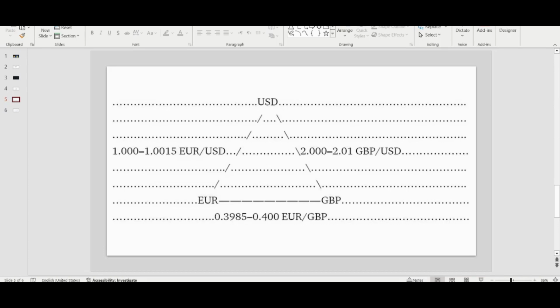So now by buying euros you have 2 euros because a dollar equals a euro. Now we want to buy pounds with 2 euros, which will make 2 divided by 0.4. Then you will be able to buy 5 pounds.